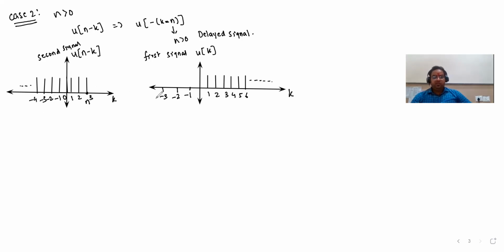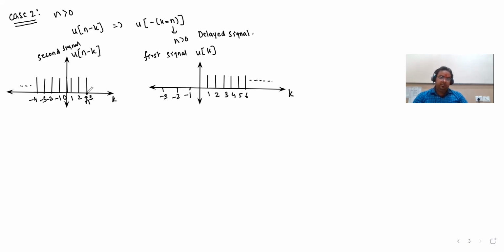So we can see that for k equal to minus 1, minus 2, in this region, the product of u of k and u of n minus k is going to be 0. And beyond this, this value is basically n. Here, for example, this has become 3. This value is n basically, that is the amount by which we have shifted this signal, by which we have delayed this signal, that is n.